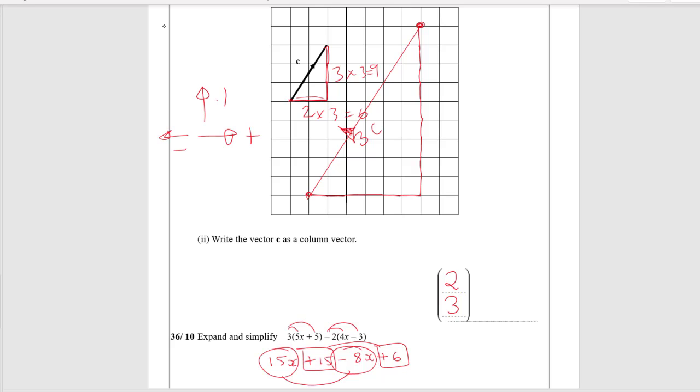Going up is positive. Going down is negative. The first number at the top represents across. Okay, so the 2, we went 2 across, so across right, and positive 3 means it's going up. If it's negative, it goes left, and if the second number is negative, it will be going down.